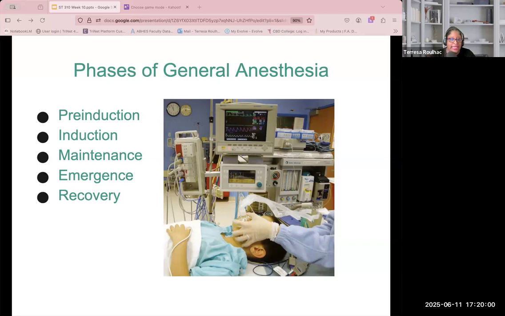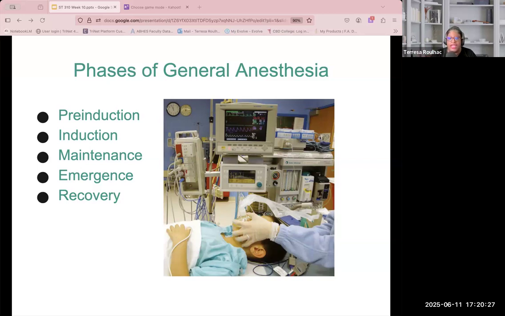Okay. Now, maintenance. If you think about it, we want the patient stable throughout the entire surgical procedure, right? So with the maintenance phase, all anesthesia is doing is keeping that patient stable and unconscious during surgery. There are going to be some providers, believe it or not, that when they're inducing the patient, they prefer it to be quiet. And we'll talk about excitement in a second.